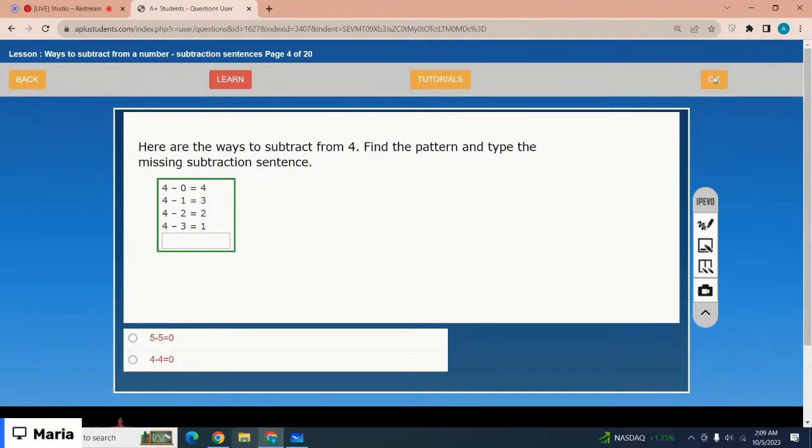Here are the ways to subtract from 4. Find the pattern and type the missing subtraction sentence. So which is missing?